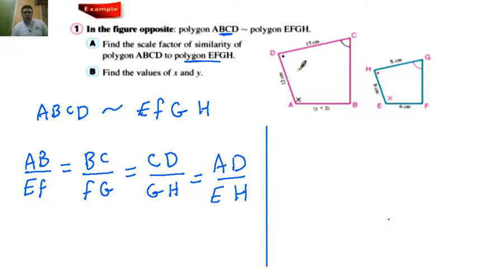Then we substitute from the figure the lengths of AB, EF, BC.